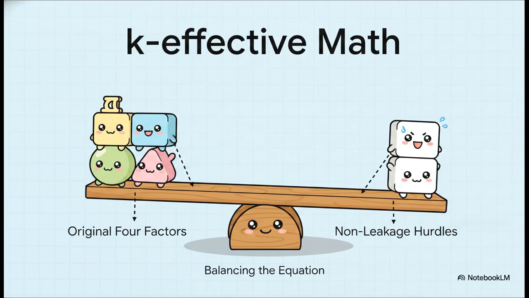So what are those? They're our final mathematical hurdles. PNLF is the non-leakage probability of fast neutrons, and PNLT is the non-leakage probability of thermal neutrons. Simply put, these represent the statistical odds that our neutrons do not escape the physical bounds of our finite core. If engineers can balance all 6 of these factors, the chain reaction survives in a finite space.